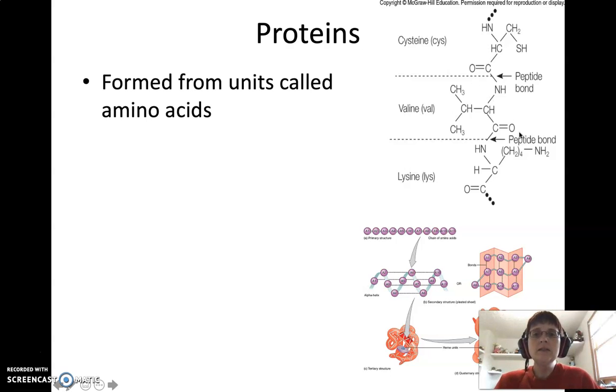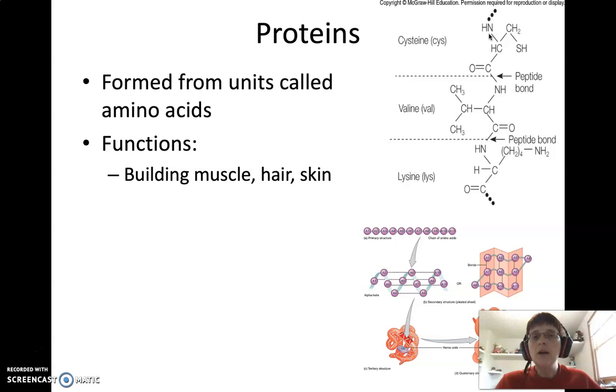So these proteins are formed from monomers called amino acids. So the monomer is an amino acid. And the amino acids vary. As you can see, they come in different shapes, but they all have the same basic central shape here. So what are proteins used for? This polymer, these have lots of functions.